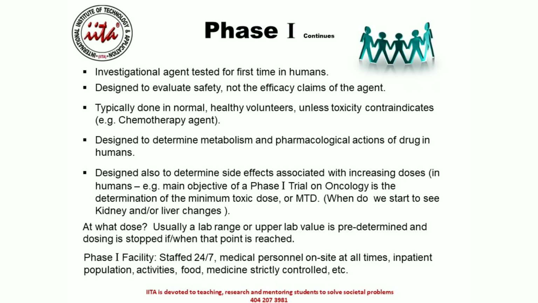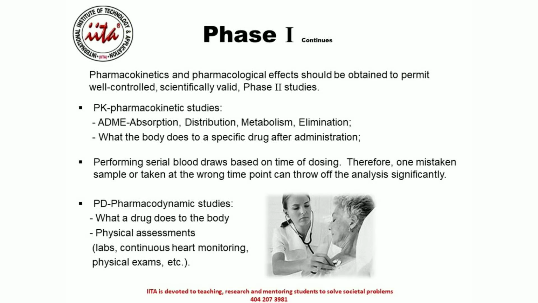Phase 1 facilities. This is usually staffed 24/7 with medical personnel on site at all times, using inpatient population and controlling activities, food, medicine, and so on. Phase 1 continued. Pharmacokinetics and pharmacological effects should be obtained to permit well-controlled, scientifically valid Phase 2 studies.